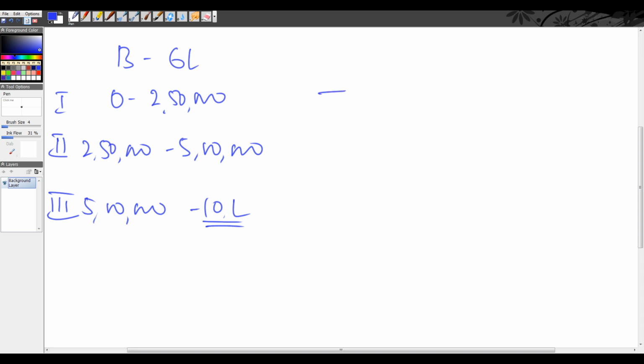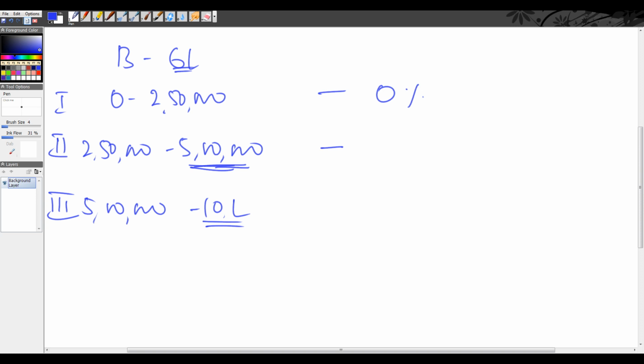In case of the first, there is no need to calculate anything because it is anyway 0%. In case of the second slab, we should check if her income is exceeding the upper limit of this particular slab. What is her income? 6 lakhs. Is it exceeding the upper limit? Of course, yes. Lower limit is 2,50,000, upper limit is 5 lakhs.